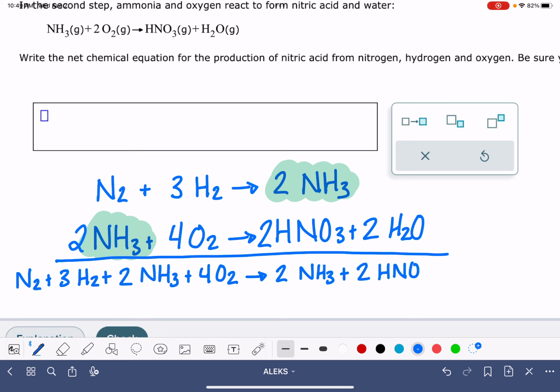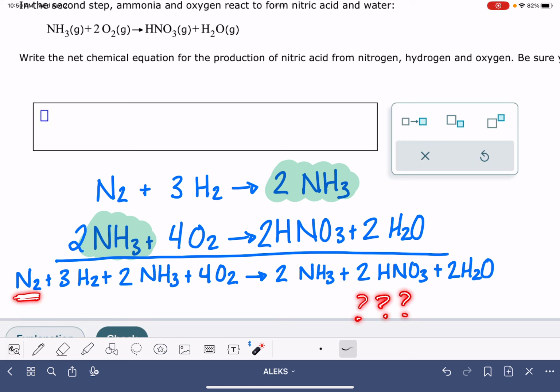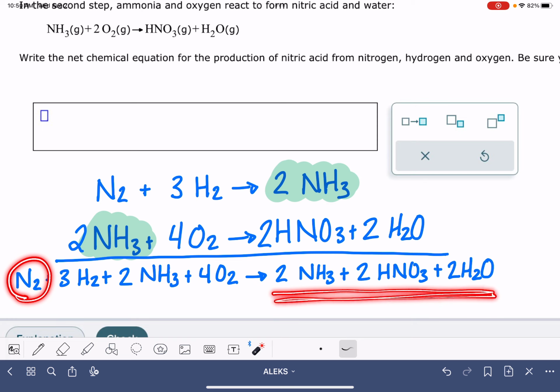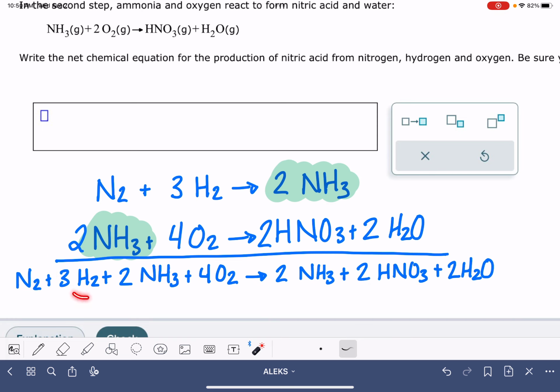Once you get it all written out, you go through and look for things that can be simplified or removed from the equation. Anything that you have on the left-hand side that is also present on the right-hand side in the exact same form can be removed. I have N2 on the left-hand side, and I do have nitrogen on the right-hand side, but I don't have any N2 molecules, so I can't remove that.